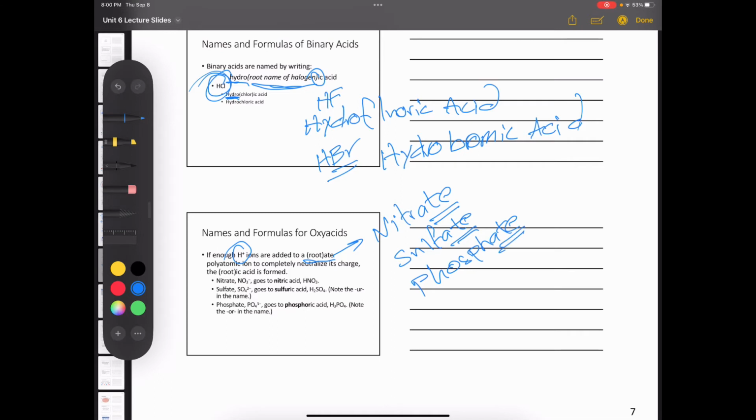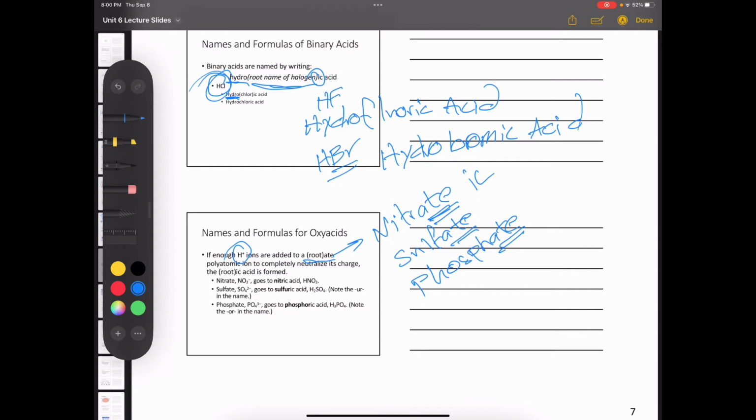If enough hydrogen ions or protons are added to completely neutralize the charge, then the root ate will change to ic. So instead of nitrate, we'll call it nitric. Instead of sulfate, we'll call it sulfuric. And instead of phosphate, we'll call it phosphoric, and so on and so forth.